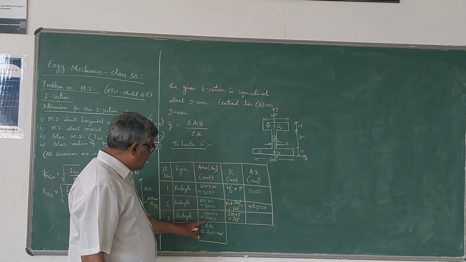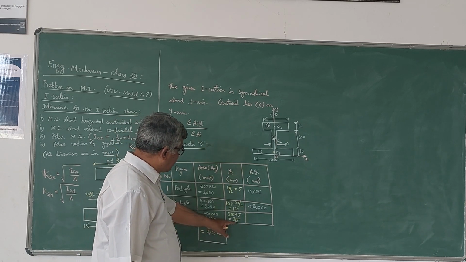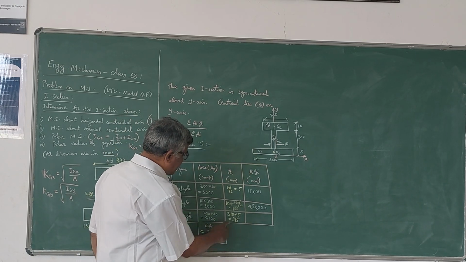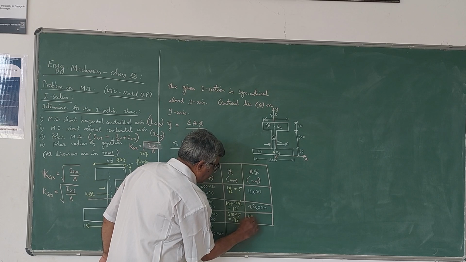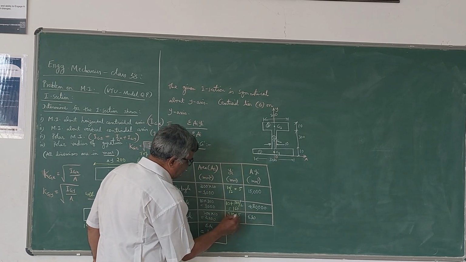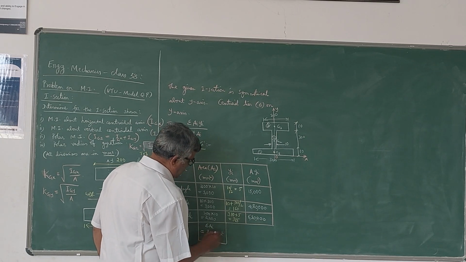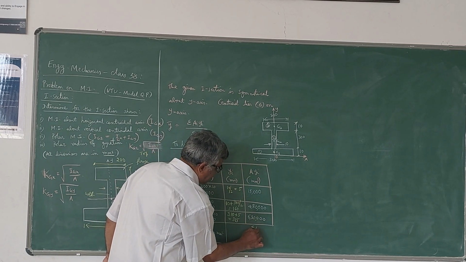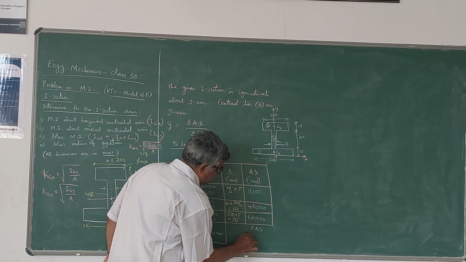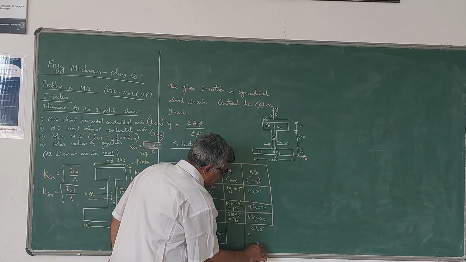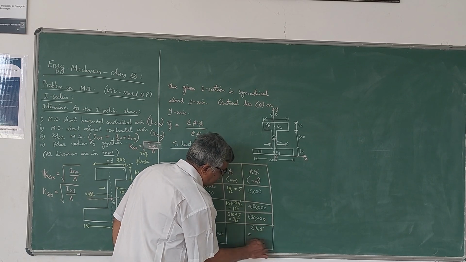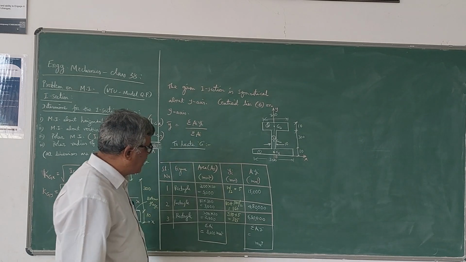Then 2000 multiplied by 315: 2 into 315 is 630 followed by 3 zeros. These are the values. Now I will take sigma Ai yi, in millimeter cube. So let us add all these three.